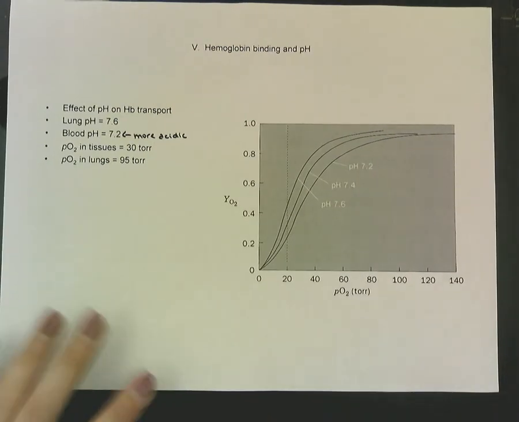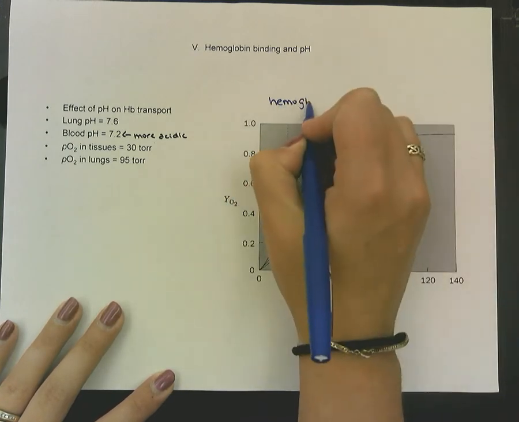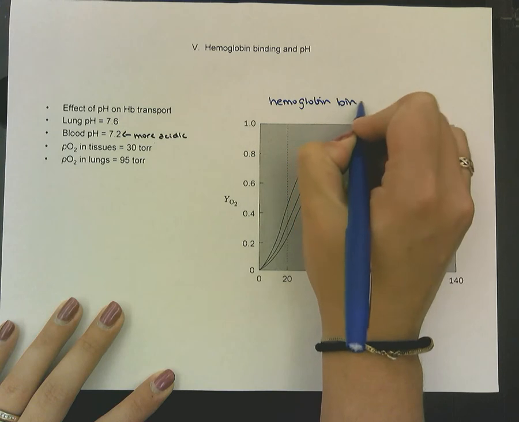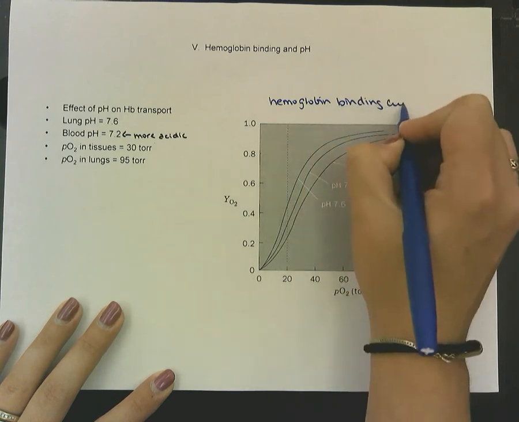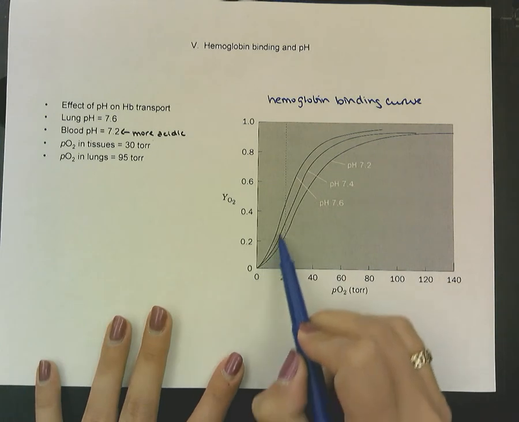So looking at these, this is a hemoglobin binding curve. How do I know it's a hemoglobin binding curve? It's a little S-y, right? It has a little bit of an S shape to it.